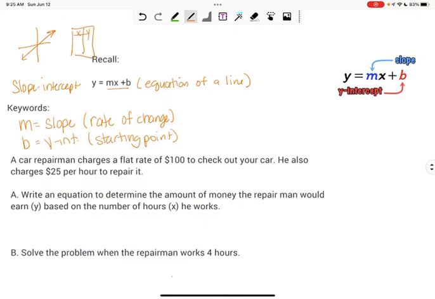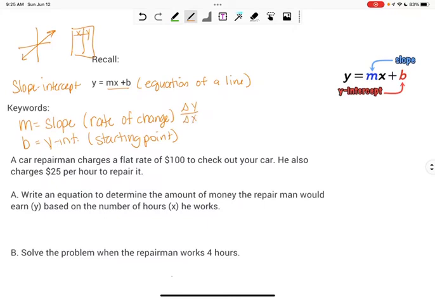We are also going to dig a little deeper and talk about other words that can help describe slope and y-intercept that we will begin to see as we work through word problems. All right, so our rate of change, or our slope, is something that's going to continue to change depending on something else. Remember, we talked about this being the change in y over the change in x.